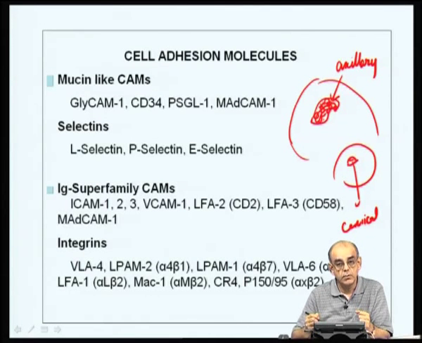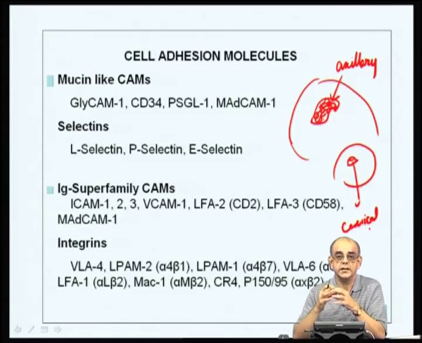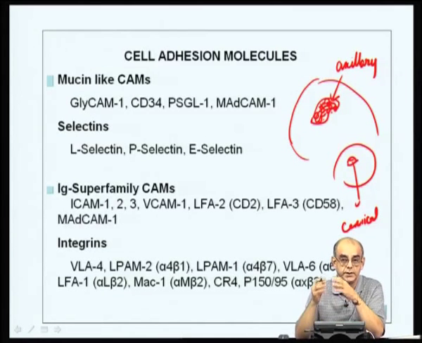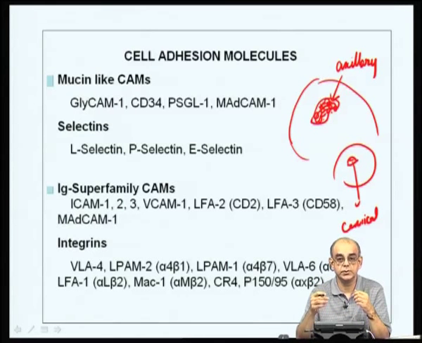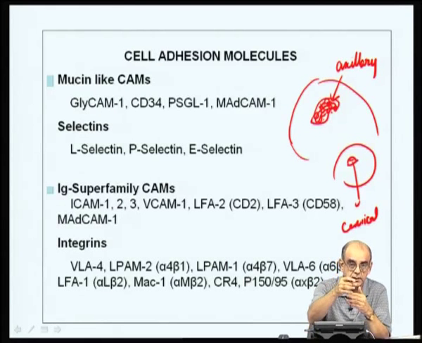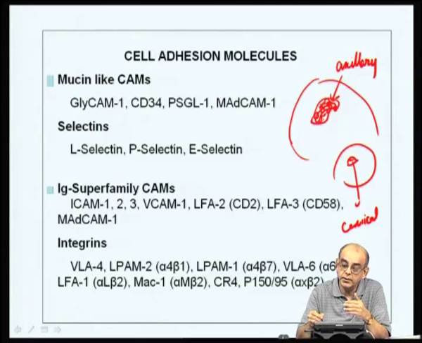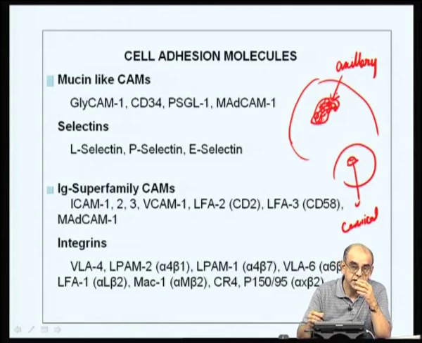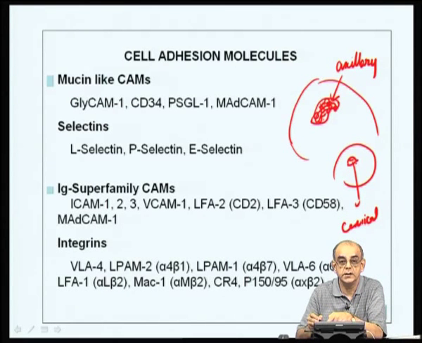So, in other words, what this experiment demonstrated was that certain kinds of cells would home into, and homing is the word used during trafficking, certain lymph nodes. There were cells that could home into axillary lymph nodes, but those same cells would not stick to the high endothelial venule cross sections in the cervical lymph node.